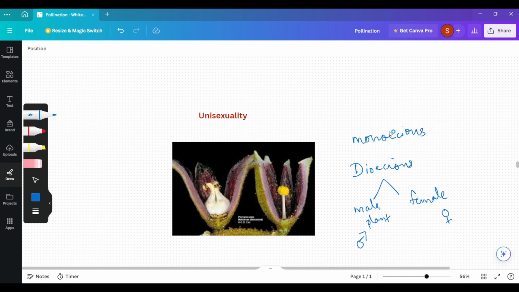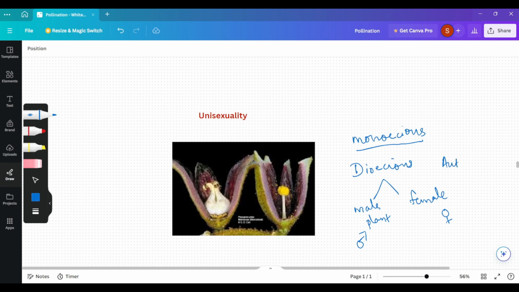If the condition is monoecious, then there is a chance of geitonogamy, that is, the flowers of the same plant can be pollinated, but in the case of dioecious, strictly xenogamy only will occur. And the dioecious condition will prevent autogamy and geitonogamy.